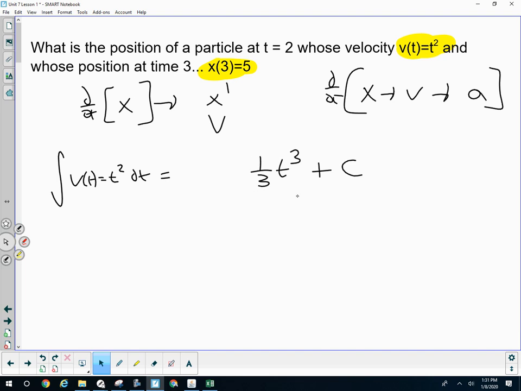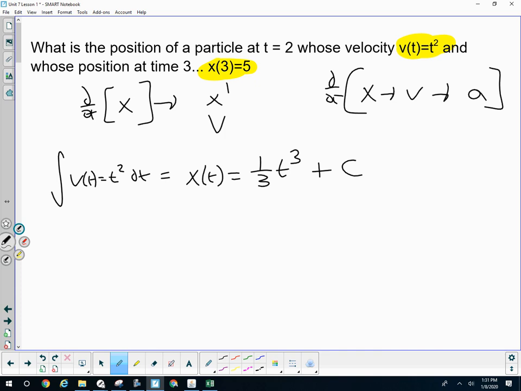It is very, very important, because c could be anything, and we really need this condition, x of 3 is equal to 5, so that we can find c, and so that you can find the exact position function. And with that exact position function, you will then find the position at time 2. So please go ahead and finish that.